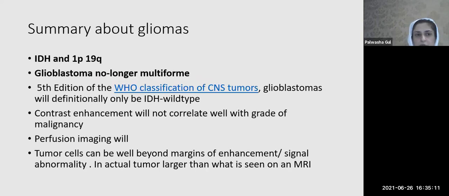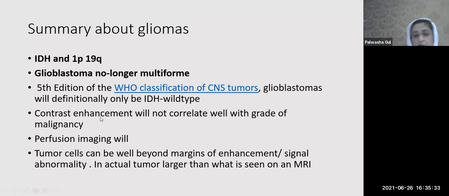So, summary about gliomas. Please go through IDH and 1p19q co-deletion, okay? Glioblastomas are no longer multiforme, okay? As per the 5th edition of the WHO classification, glioblastomas, by definition, will be just IDH wild type. Full stop, end of story. That's going to be the definition of glioblastoma, okay?